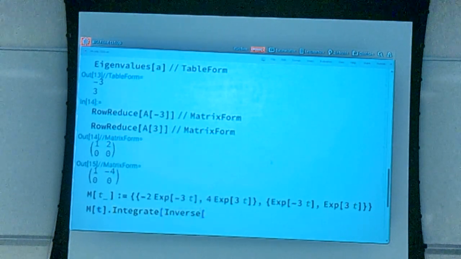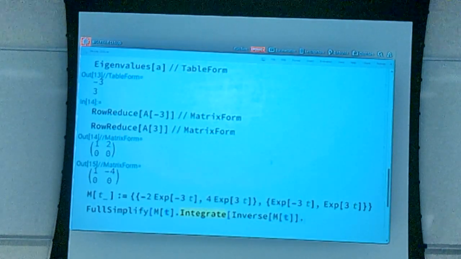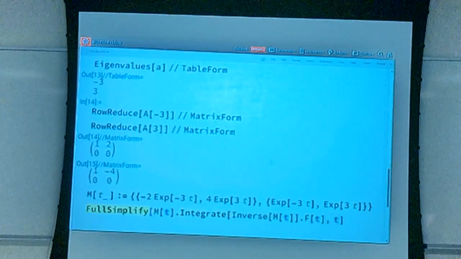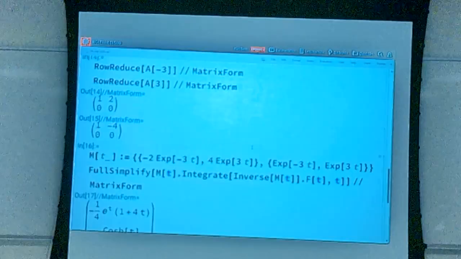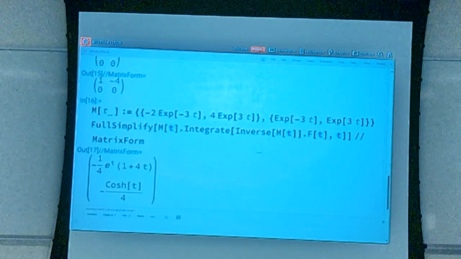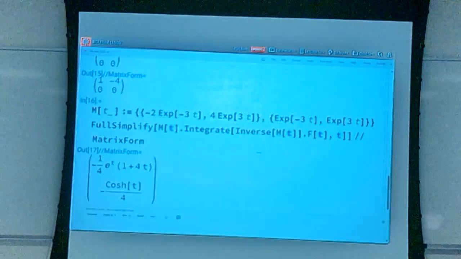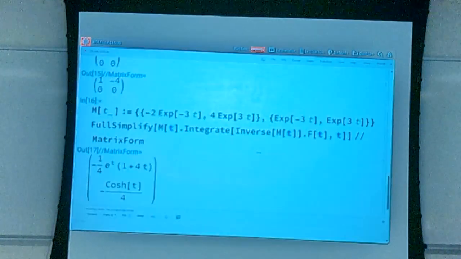I forgot to simplify. And matrix form. They must have updated Wolfram since I last ran this.